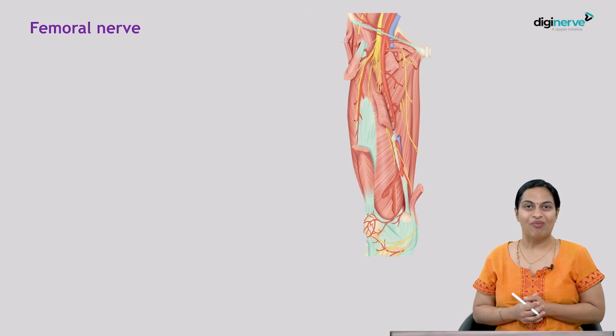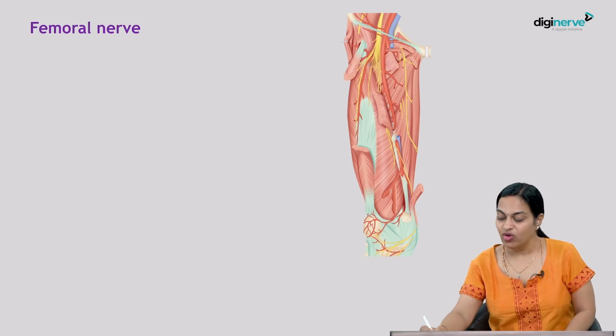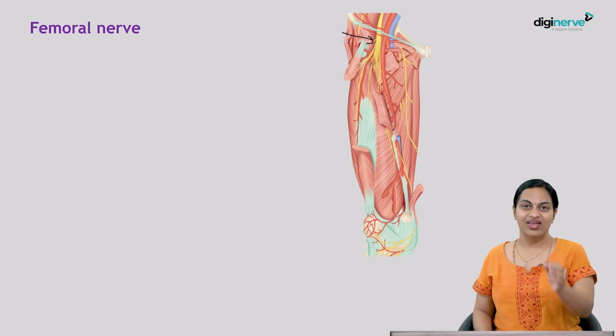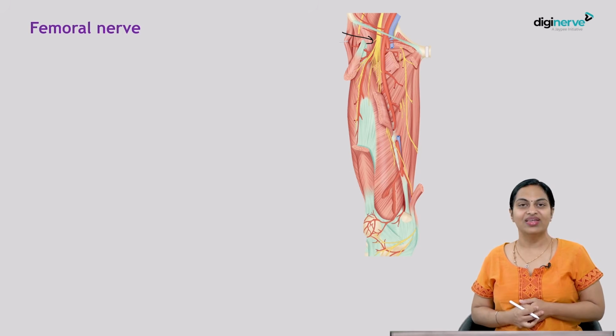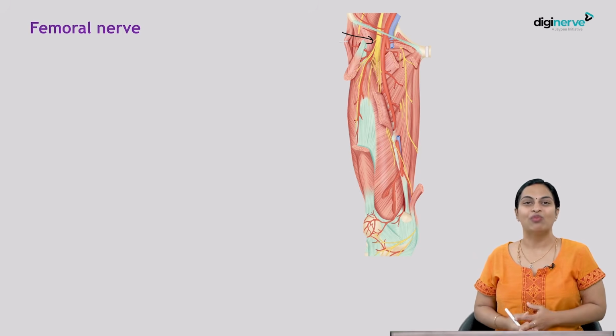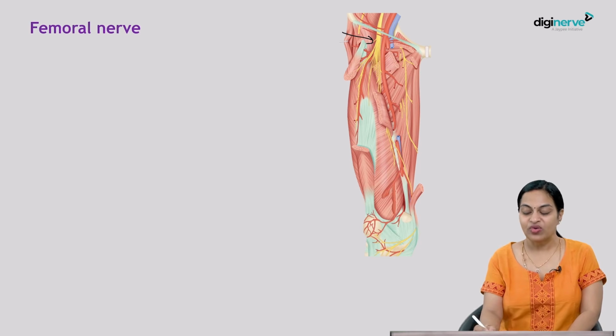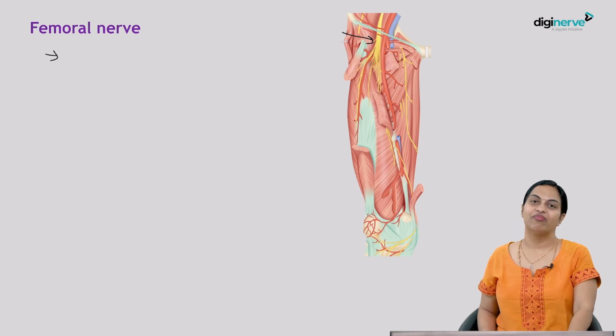Now let's move on to the femoral nerve. The femoral nerve is also easy to identify in an image-based question as well as in the cadaver because it is the lateralmost structure, right? This femoral nerve is very, very important.